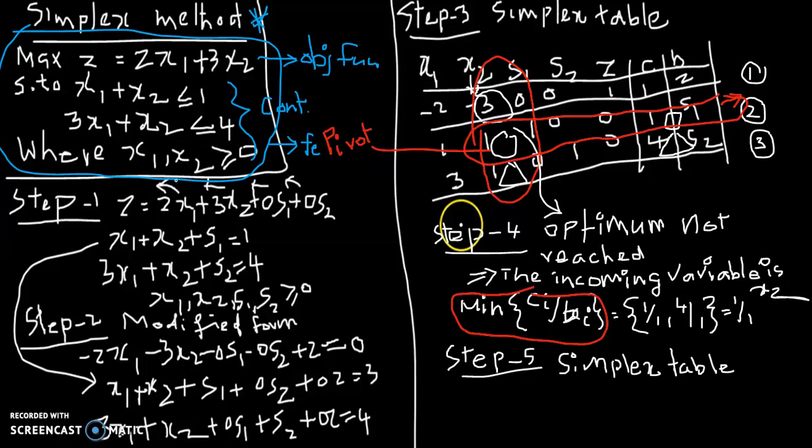Now, in solving this by the simplex method, the first step is the standard form. What is the standard form? Here a less than or equal to sign appears, so by introducing a slack variable s1, we can make this inequality into an equality.